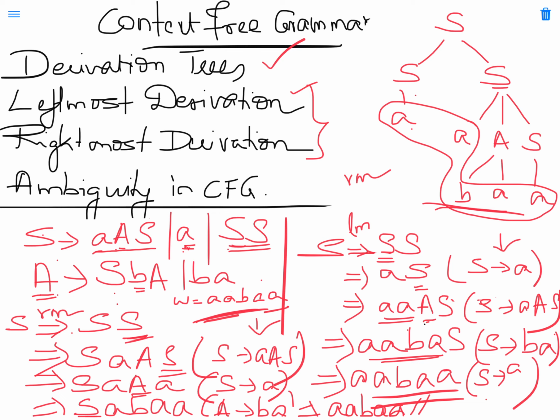And the last thing that we are going to see is ambiguity in context-free grammar. We have seen this ABA derived using the leftmost derivation and rightmost derivation, isn't it? And the derivation tree is a single derivation tree.